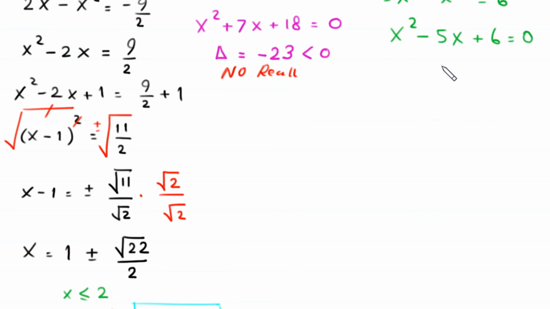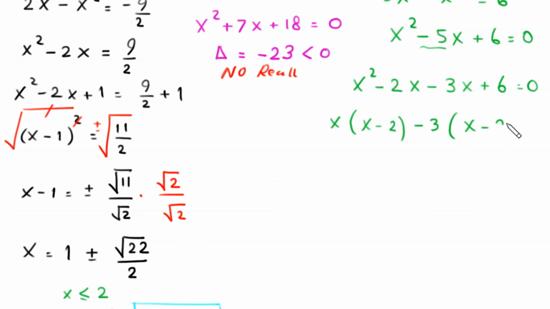Now this equation is factorable. We write x squared and we break this negative 5x into two terms, negative 2 times x minus 3 times x plus 6 equal to 0. From these two terms we can factor out x, in bracket left x minus 2. From these two terms we can factor out negative 3, in bracket left x minus 2 equal to 0.